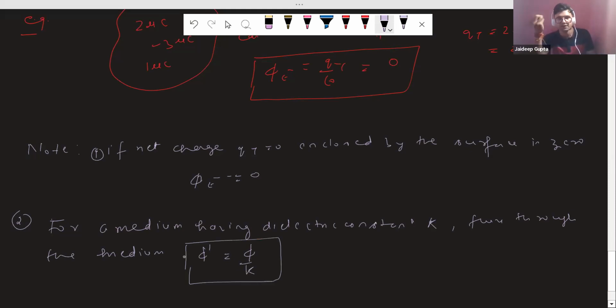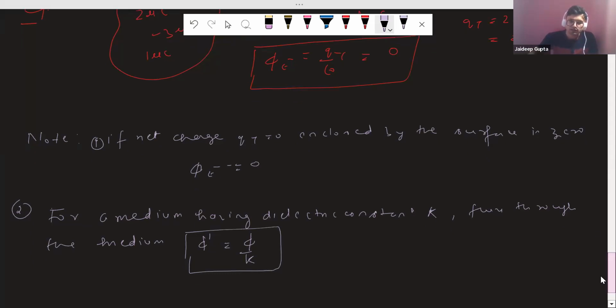If we have a surface having flux phi, and if we change the medium, then the flux will be phi over K. I'll give you an example. Is it fine?